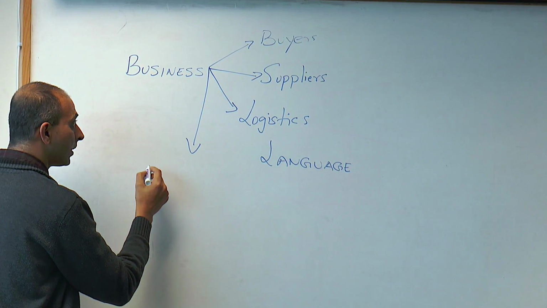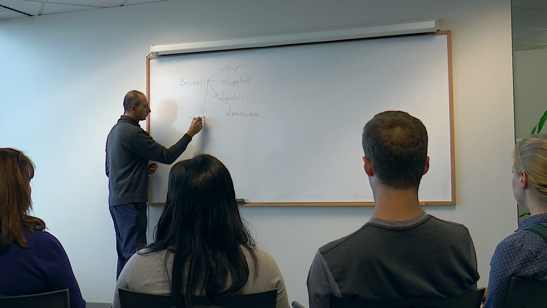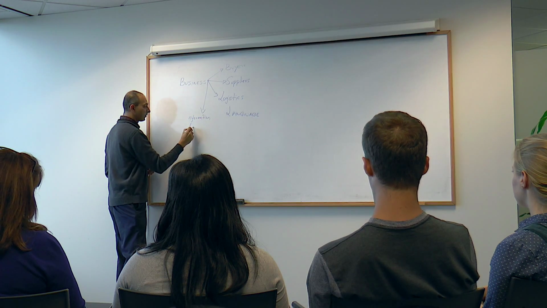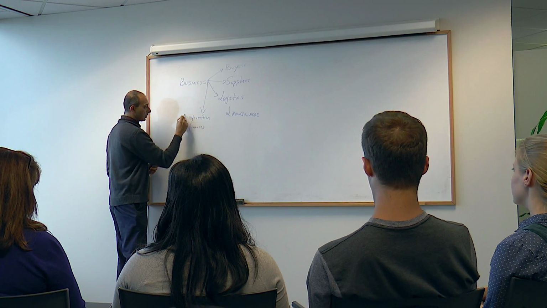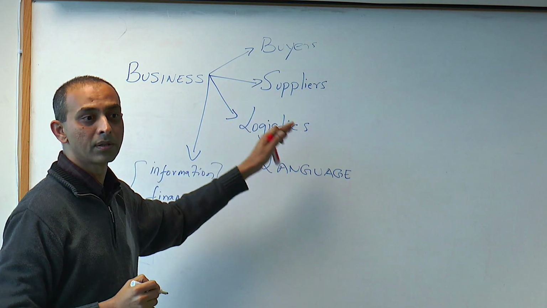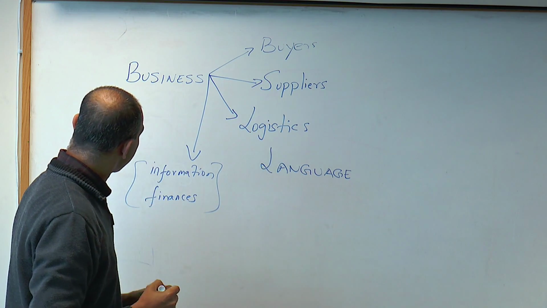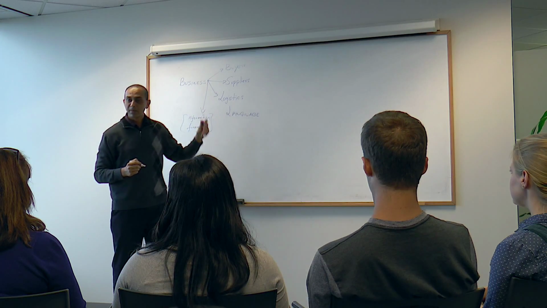They believe in the movement of information and movement of finances. These are predominantly supporting functions because they're not directly touching the goods. These people actually touch the goods. Okay? So those are the different characteristics of businesses.